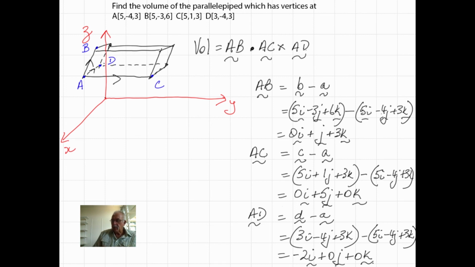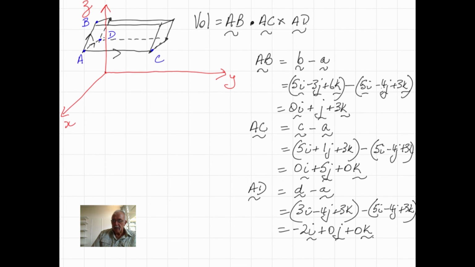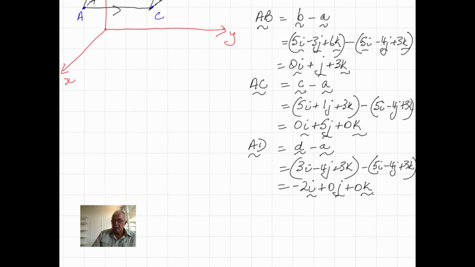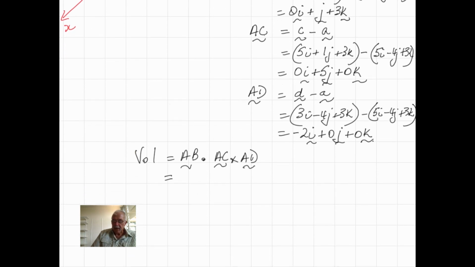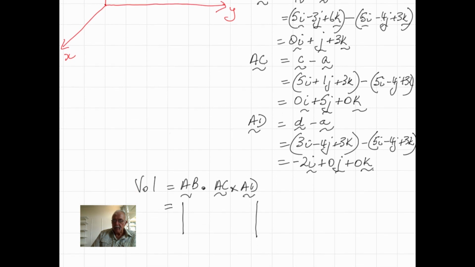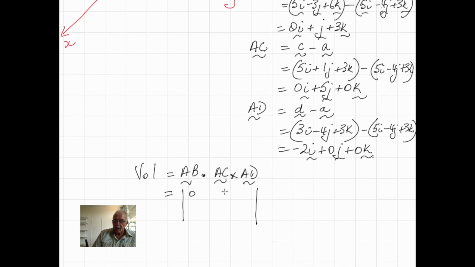So the volume will be equal to the scalar triple product. Now, we've learned how to calculate this using the determinant of a 3 by 3. We write down AB first, so we've got 0, 1 and 3.